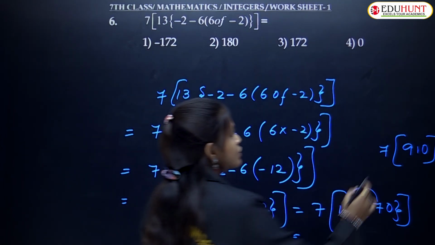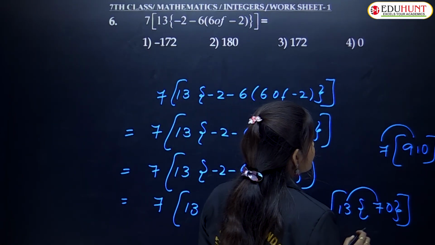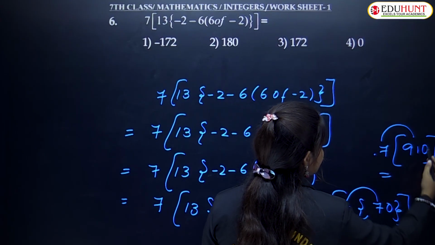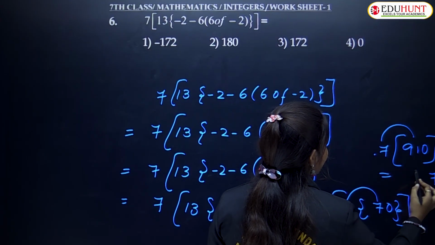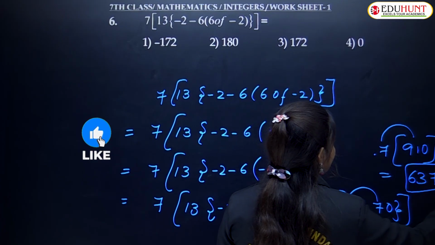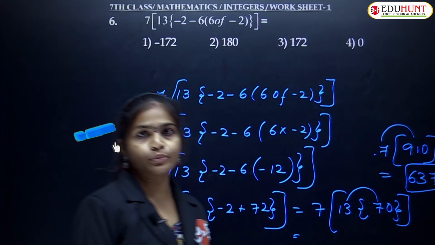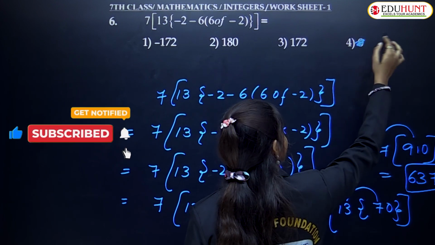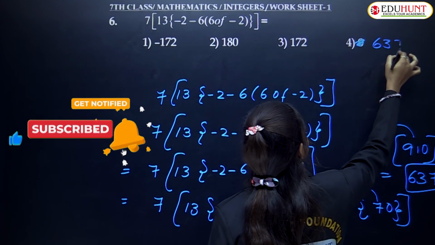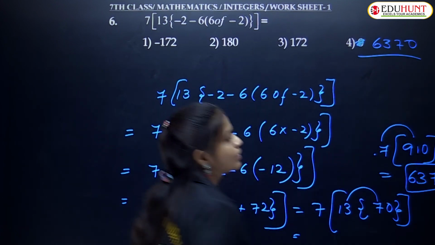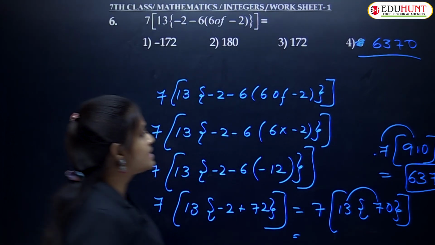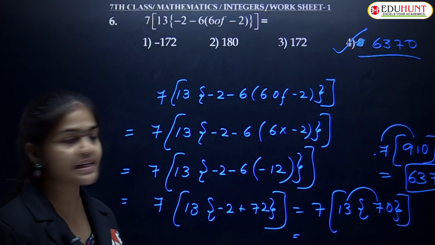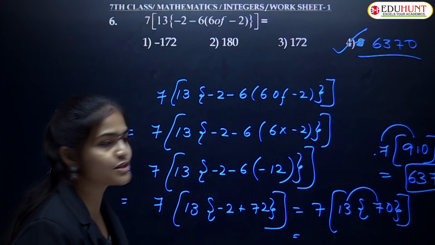So 910 into 7: 7 into 0 is 0, 7 1s are 7, 7 into 9 is 63. So the answer is 6370. But the options they gave are wrong. The fourth option they gave as 0, so change this one to 6370. Which option is correct? Here 6370, option 4 is correct. Just change the last option.